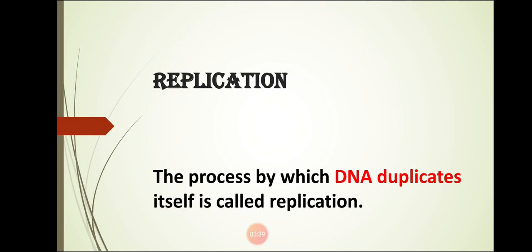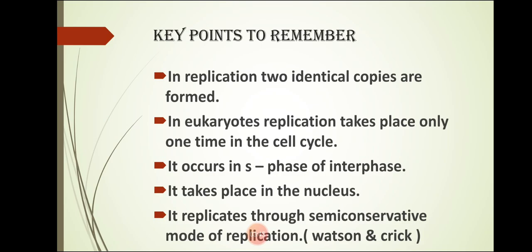Now, before studying the process of replication, there are some key points that we need to remember. That is, in replication, two identical copies are formed. I have already discussed that during the process of replication, two exactly similar copies are produced.